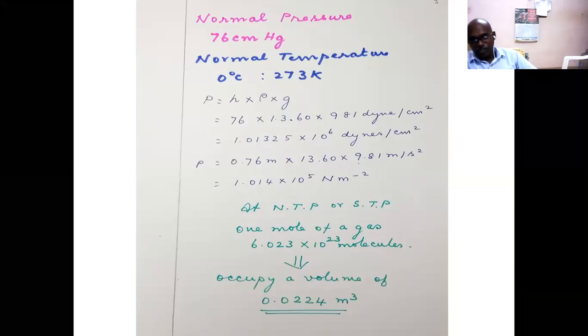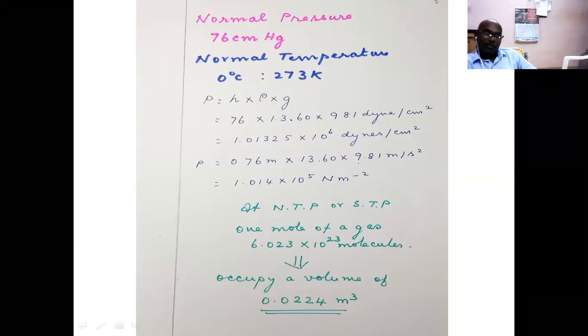Suppose if you want to substitute in SI units, 76 centimeter is substituted as 0.76 meter. 13.60 is the density, and 9.81 meter per second square is the acceleration due to gravity.